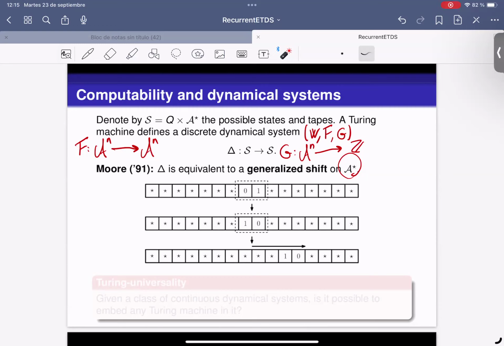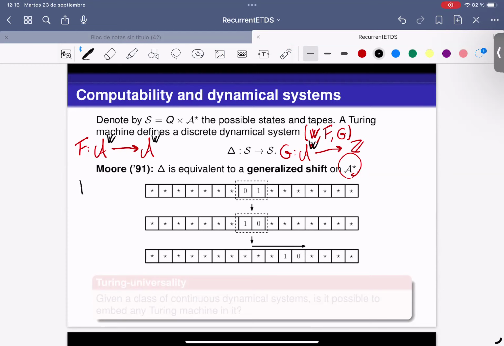It's a bounded function because A is finite. A is the alphabet, so it's three symbols in our case, and W is the width of the window. So if we have a window of two symbols and we shift it to the right, we can shift as much as we want.